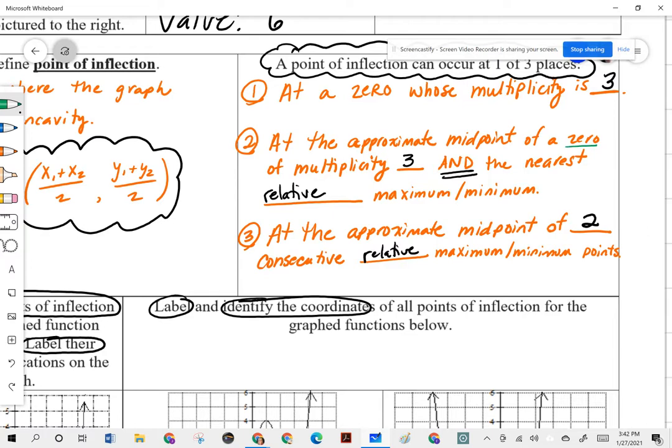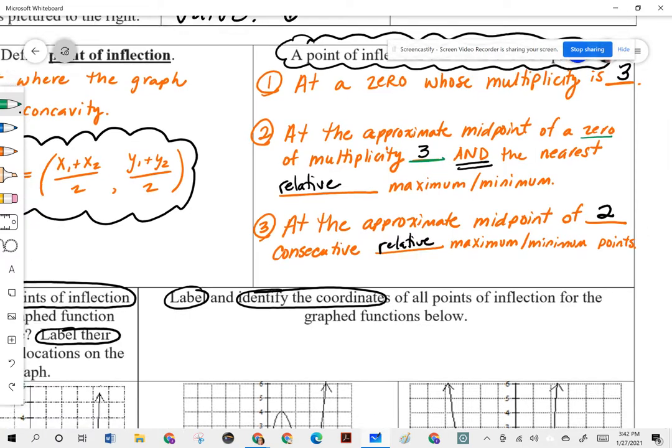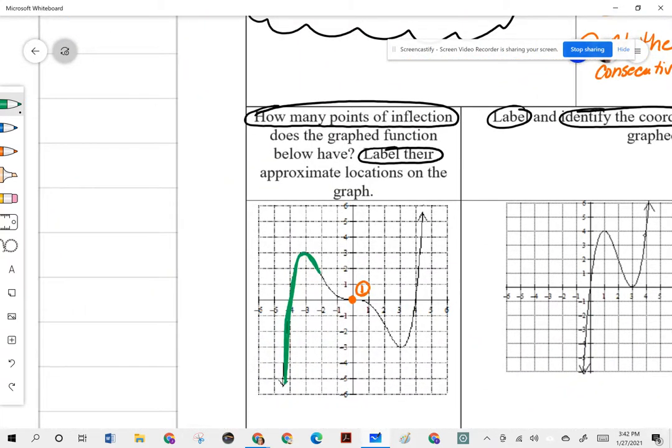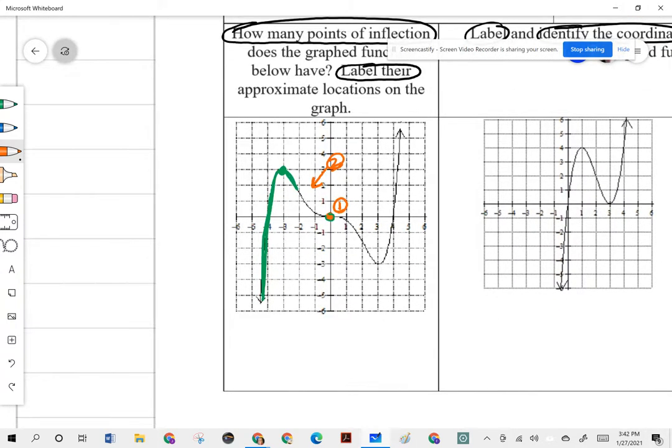So you've got a 0 of multiplicity 3 and the nearest max or min. So here is the multiplicity of 3 right here and the nearest max or min. Okay, so what we need to do, this idea right here, is from that point right here, find the midpoint.